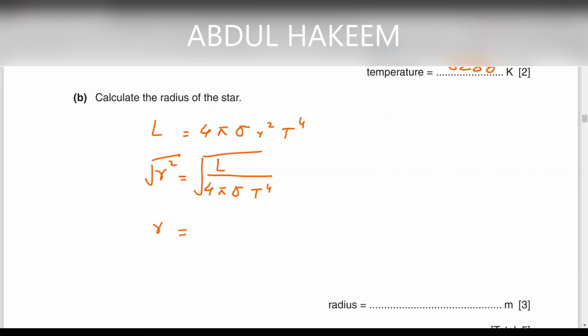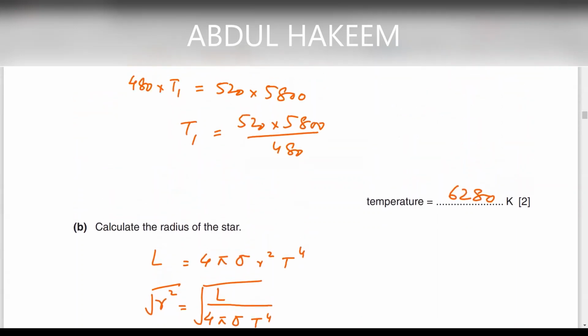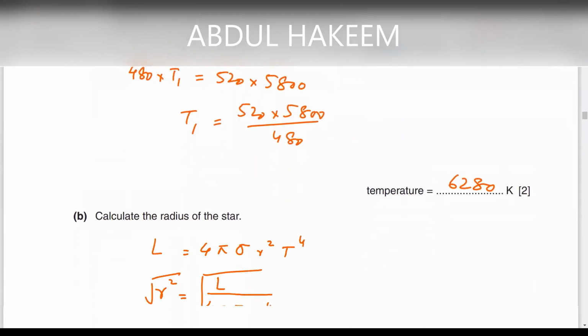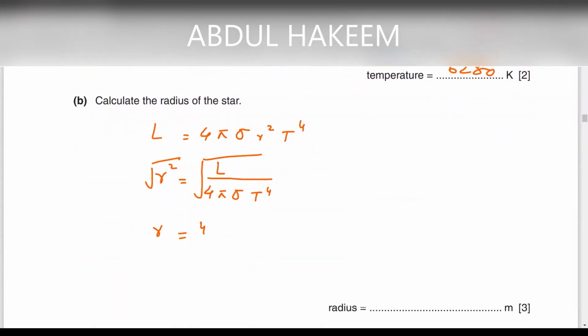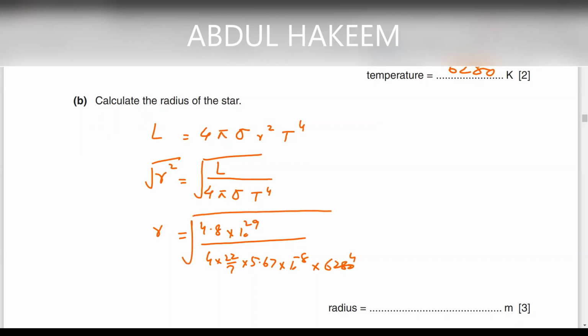So R is equal to, the luminosity is given, I think this is 4.8 into 10 power 29, divided by 4 pi. The value of pi is either 3.14 or 22 by 7. And the Stefan-Boltzmann constant value is 5.67 into 10 power minus 8, times the temperature, 6280, to the power 4, and the whole under the root.